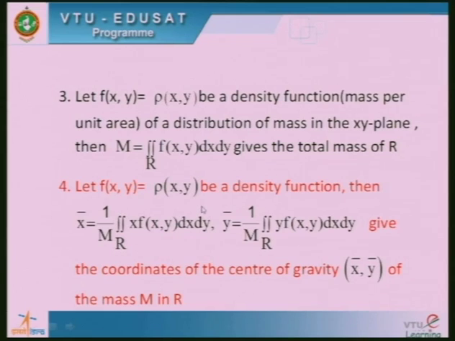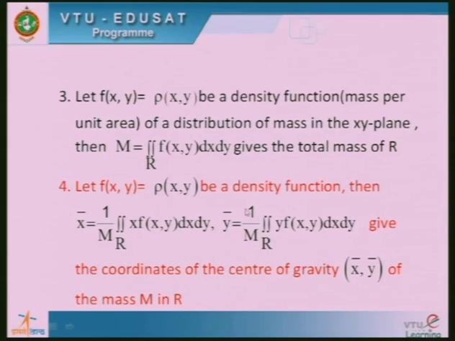Similarly, with f(x,y) as the density function rho, x bar is denoted as 1 upon m times the double integral of x into f(x,y) dx dy. So, the density is multiplied by x here, f(x,y) into x dx dy, and then that is multiplied by 1 upon m, where m is the total mass of R. So, 1 upon m is calculated from the previous formula, then x bar is the integral of x into f(x,y) dx dy.